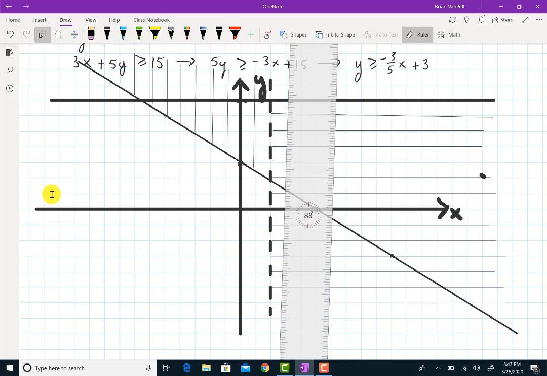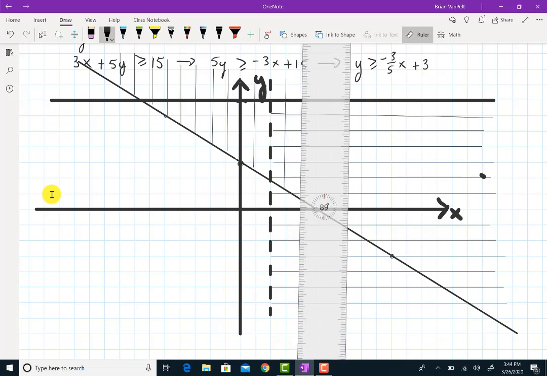Even though you've got the other markings there, try to make sure you go all the way down to the line that we're currently working with.